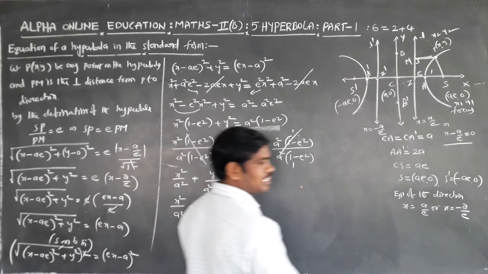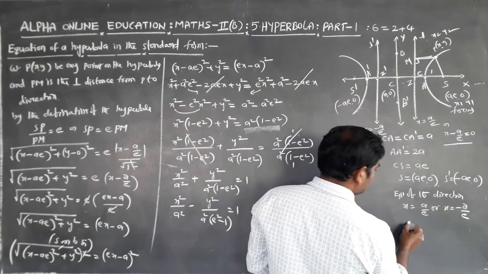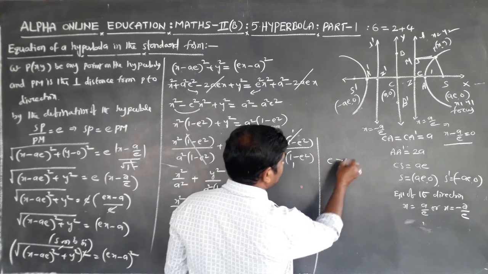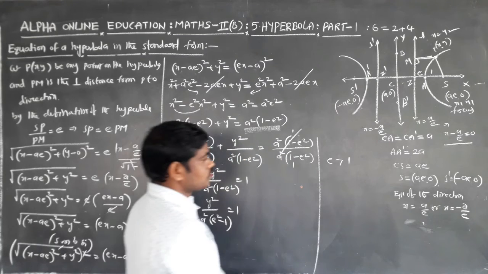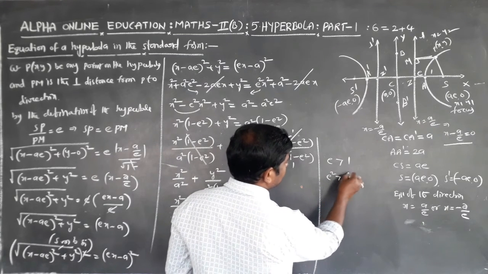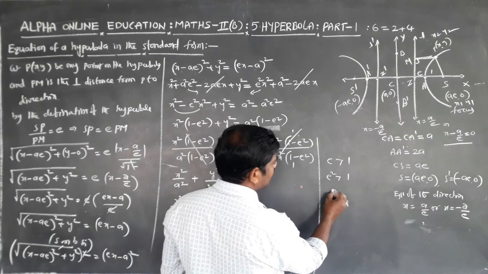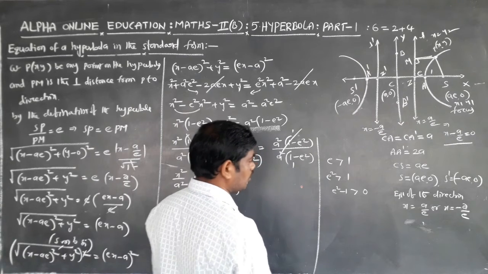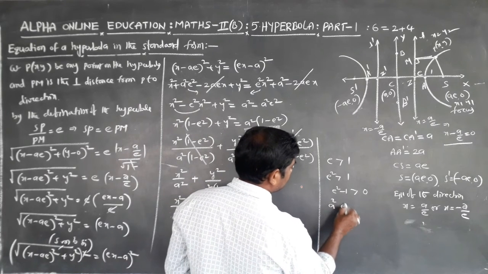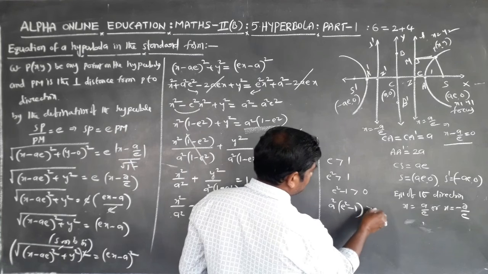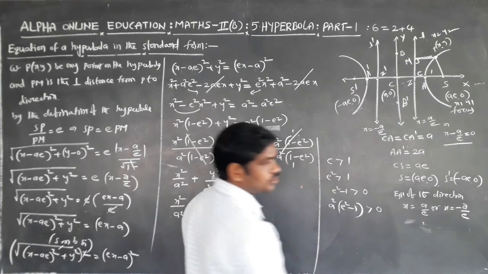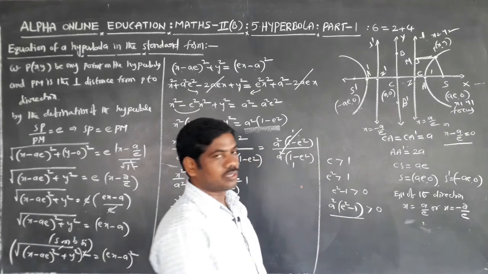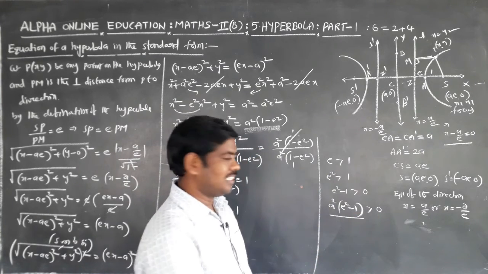By the definition of the hyperbola, e is greater than unity. Squaring on both sides, e square is greater than 1, so e square minus 1 is greater than 0. Multiplying both sides by a square: a square into (e square minus 1) is greater than 0, so it is always greater than 0.